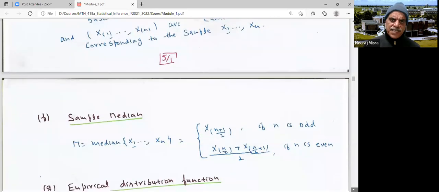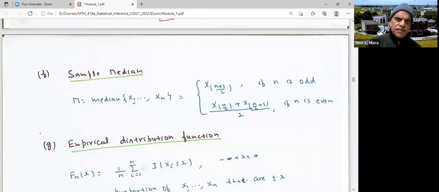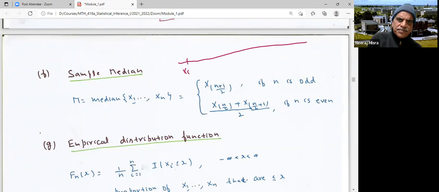Then there is the notion of a sample median, which is the median of x1, x2, ..., xn. You know that this is the middlemost observation. So if we arrange x1, x2, ..., xn in increasing order, your middle would be x_((n+1)/2) if n is odd.